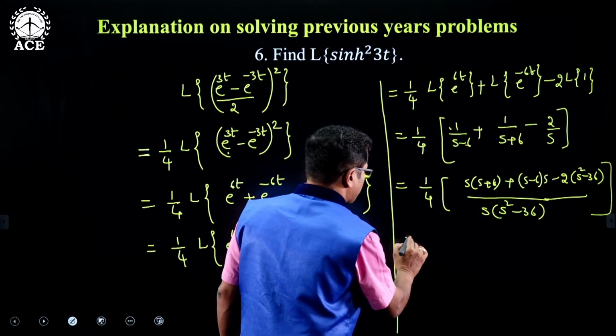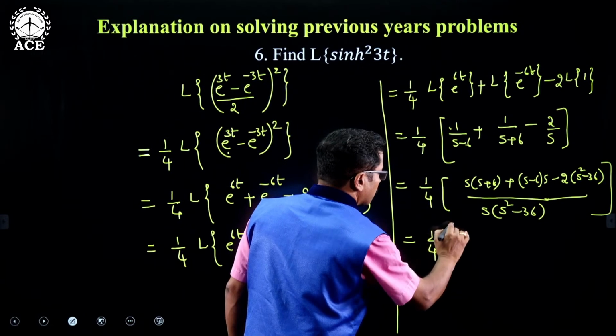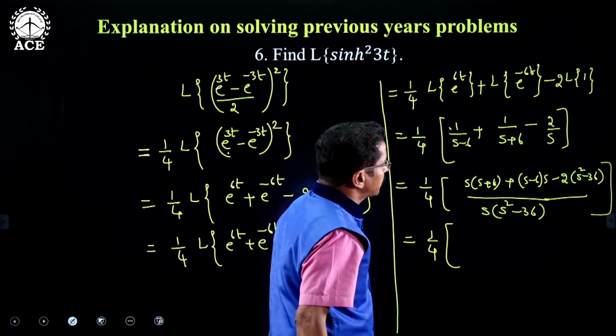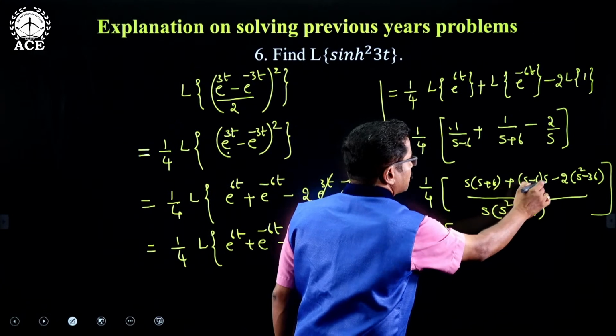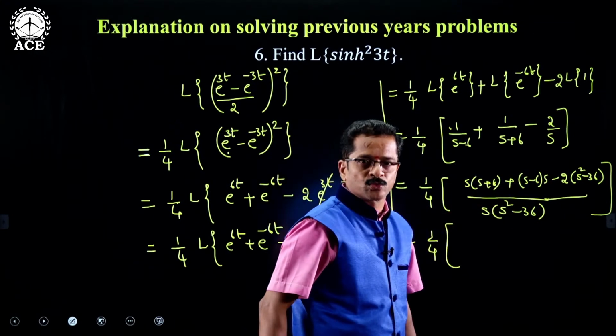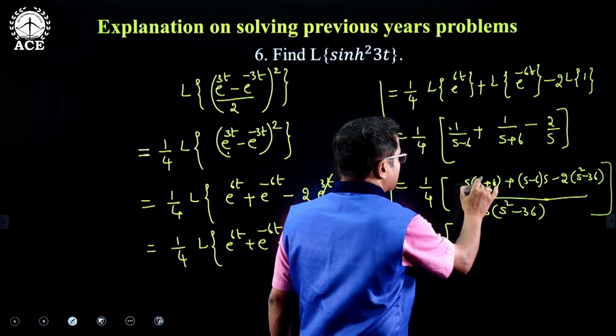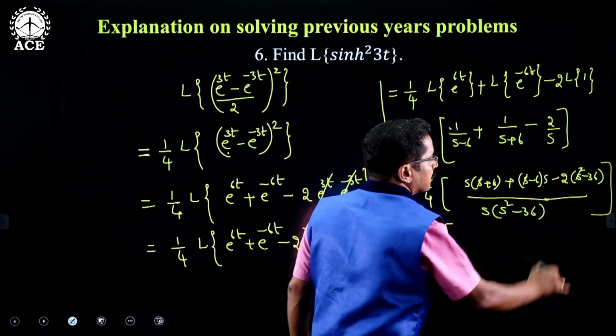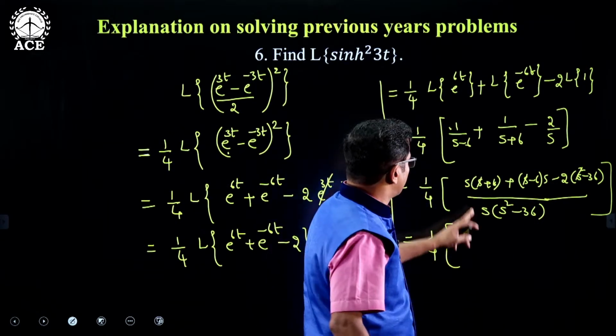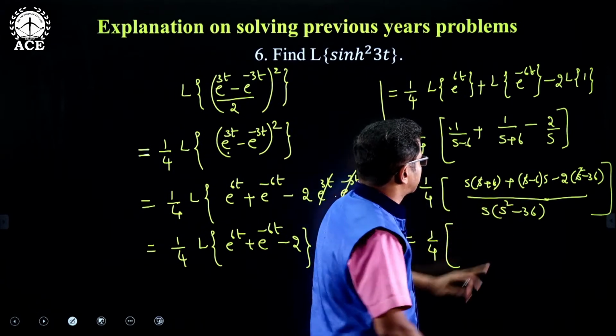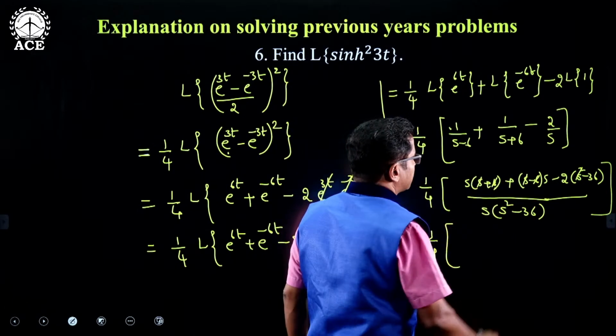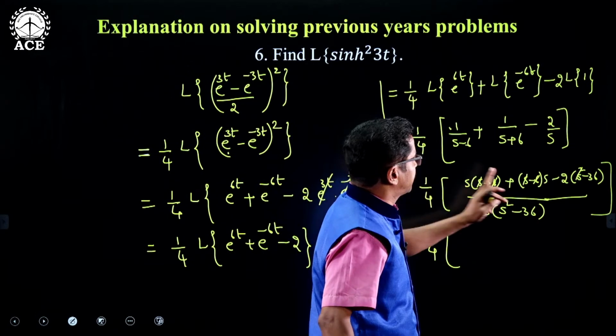Now we try to simplify this, which is equal to 1 by 4 [s into s square plus s into s square minus 2 s square]. S square terms are going to be cancelled. Okay, so 6s minus 6s, this also gets cancelled. So these terms totally get cancelled.